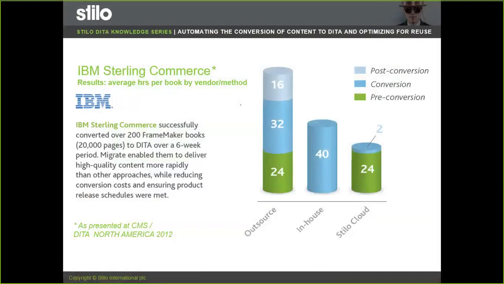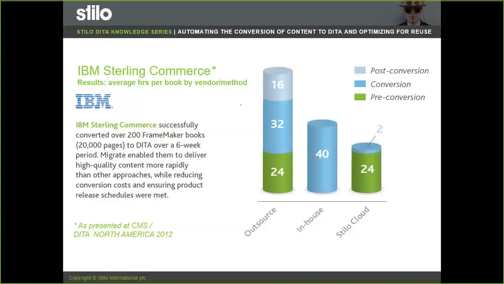And they'd been previously working with a traditional sort of outsourcing conversion provider, and they'd been having some problems and some issues, and then Migrate came along and they implemented Migrate. But what was interesting is that they could compare metrics of one method of working versus another method of working.